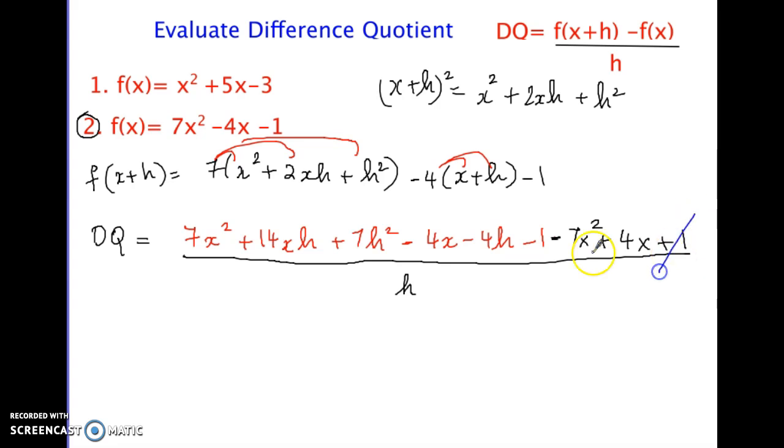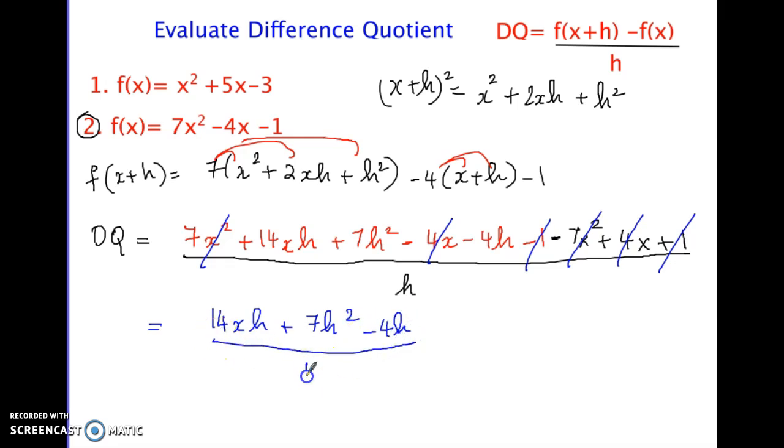Let's see what can be cancelled now. I know that there's a positive 1, negative 1 that can be cancelled. Positive 4x, negative 4x, negative 7x squared, positive 7x squared. So I am left with 14xh plus 7h squared minus 4h divided by h. Obviously, in the numerator, we have a GCF, or greatest common factor, of h.